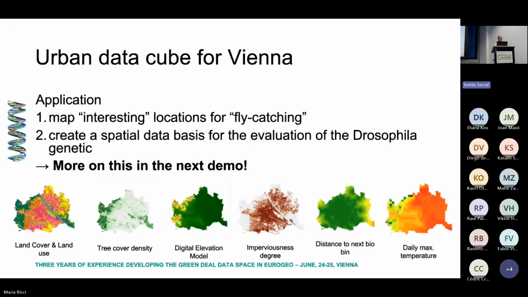So we wanted to build an urban data cube, so harmonize different data about the city. The application for this data cube is finding nice locations for fly catching, so catching flies, fruit flies in particular, and analyzing and correlating the environmental data with the genetics of the flies.